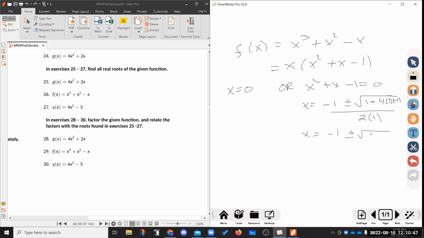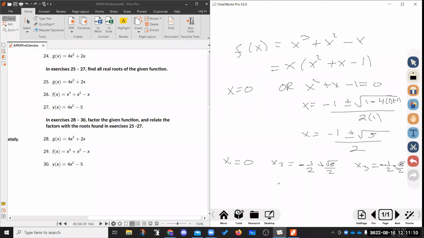1 plus 4 is 5. So we have first root is 0. Our second root is -1/2 plus root 5 over 2. Our third answer is negative 1/2 minus root 5 over 2.